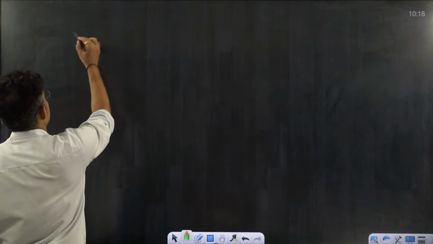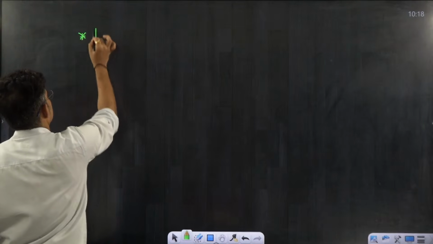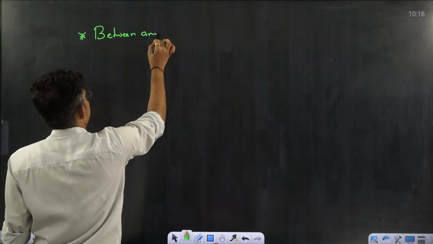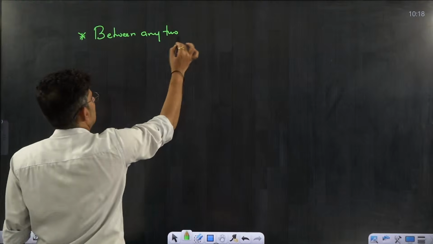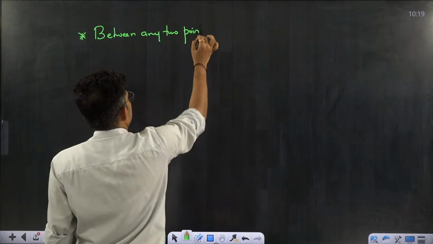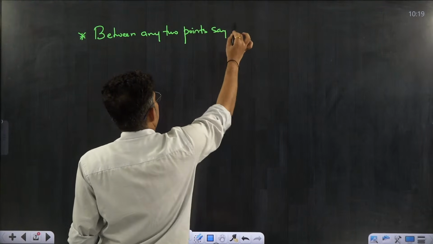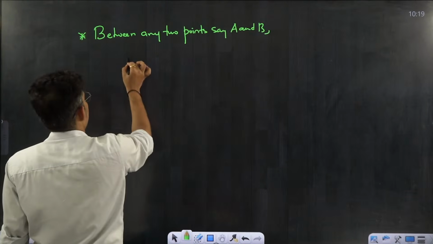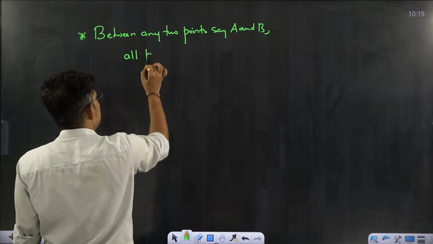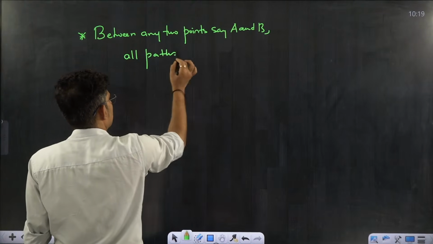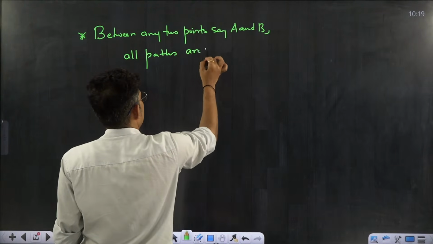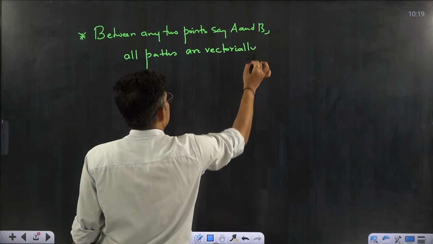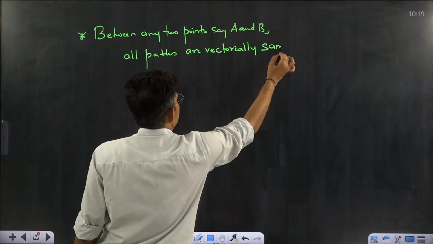Between any two points, say I take the points A and B, all paths are vectorially the same.